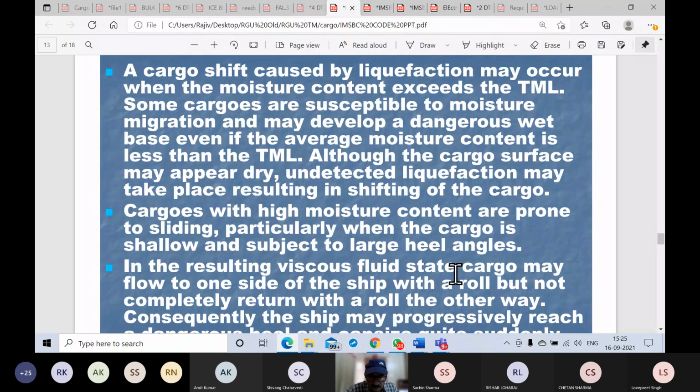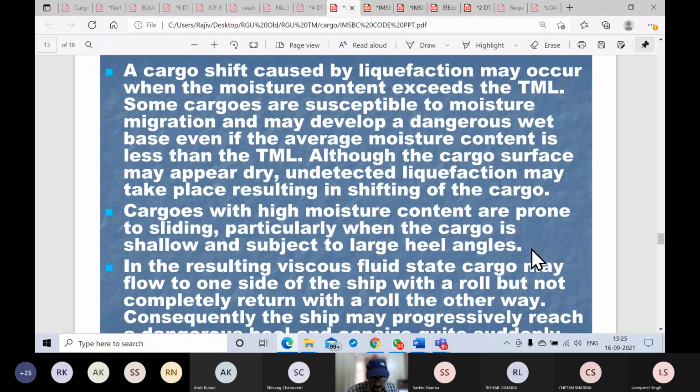So even if the surface of the cargo, which is Class Group A, appears to be dry, undetected liquefaction may take place underneath, causing shifting. This is not exactly shifting, it is termed sliding, because it loses cohesion, so one layer of cargo may slide on top of the other.